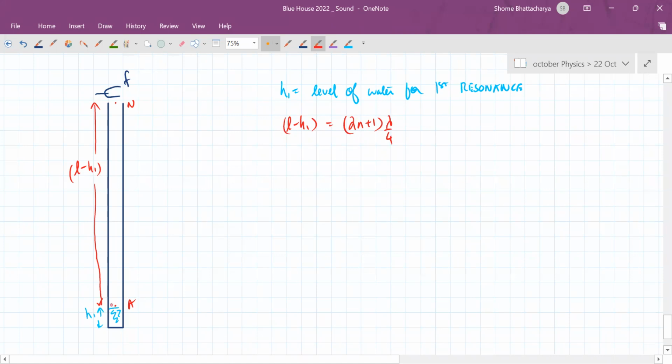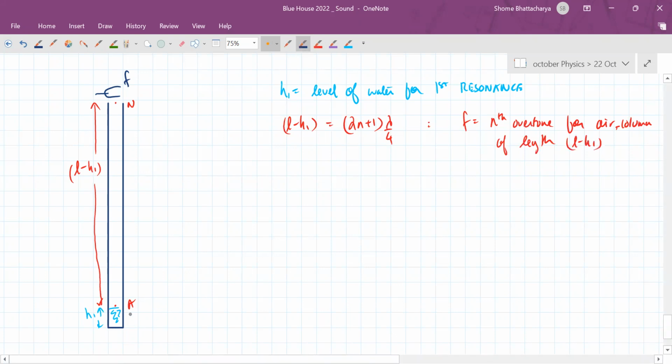We don't know how many nodes and antinodes are there in between, but the two ends are okay. So this corresponds to the nth overtone for the air column of length L minus H1.